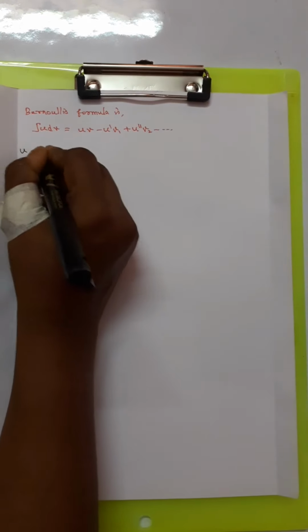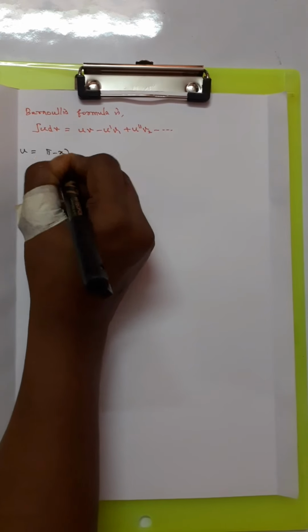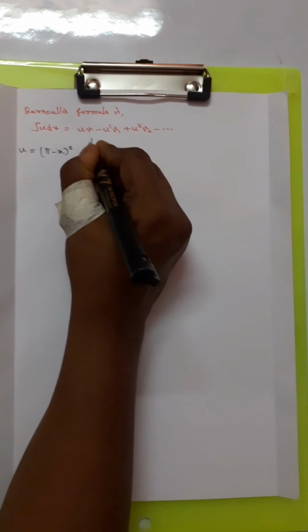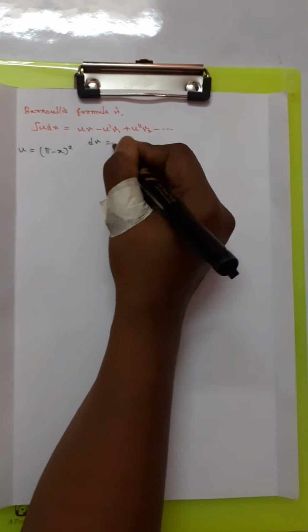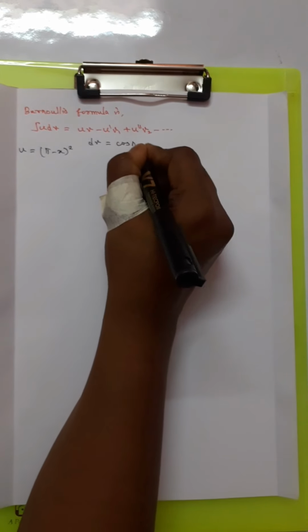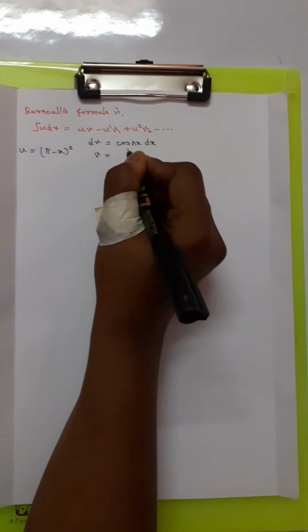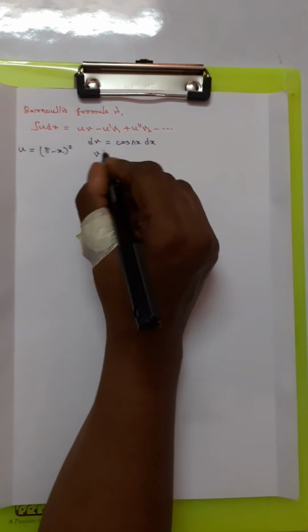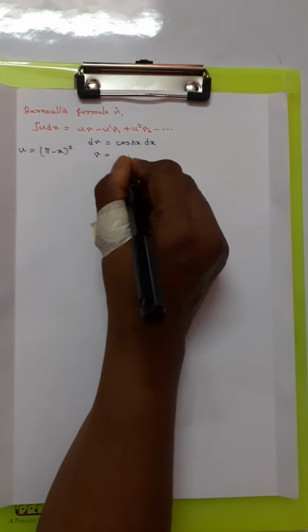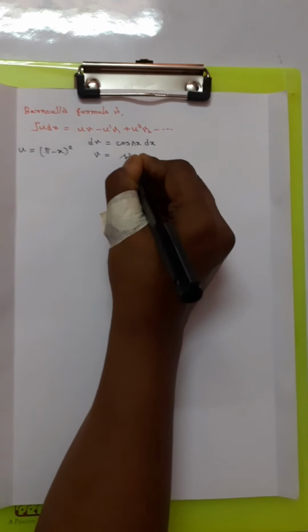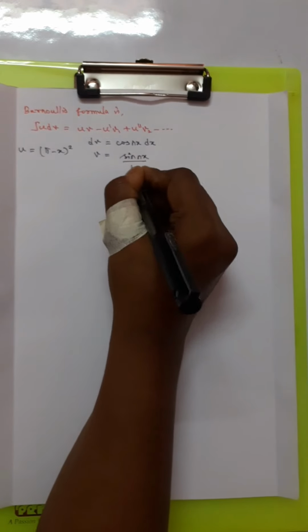So u is equal to pi minus x the whole square, and dv is given by the rest of the term, cos nx dx. So v is equal to integration of cos nx, which is sin nx by n.